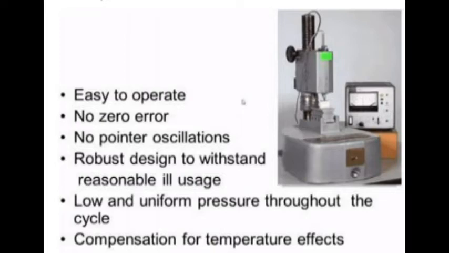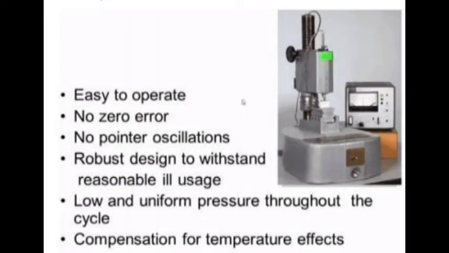You can see a comparator system with a base and a column. You can see the threaded column, so that this measuring head can be moved up and down. The height between the table and the probe can be adjusted depending upon the workpiece size, and these tables are replaceable depending upon the application. This is the sensing probe.